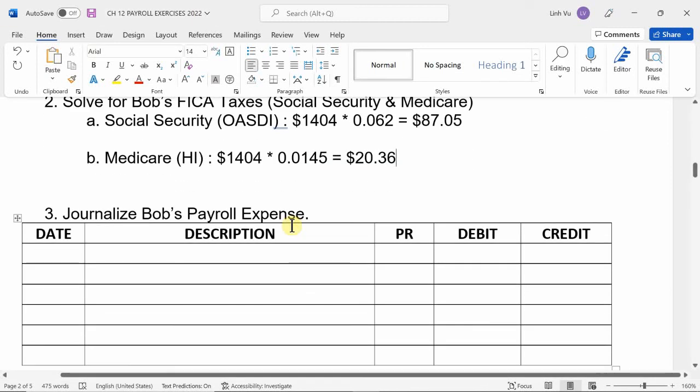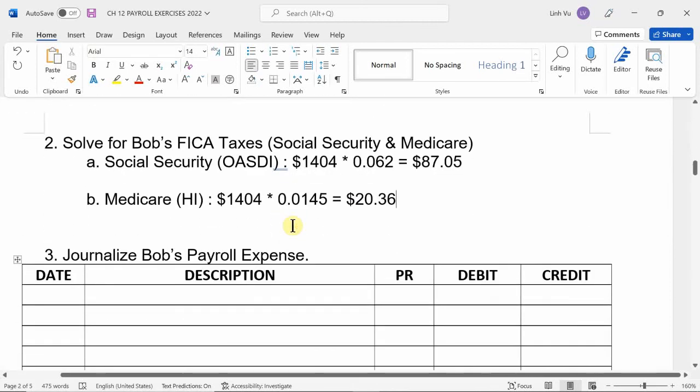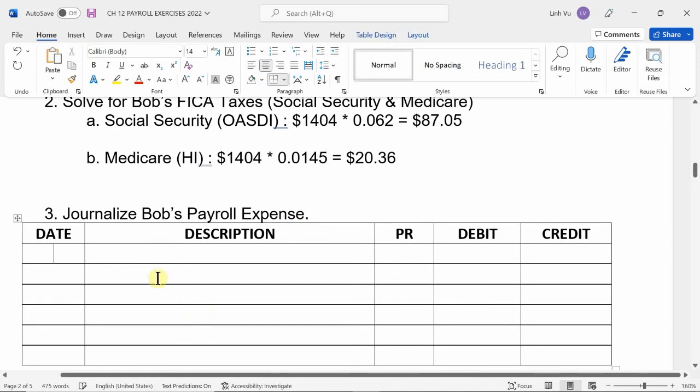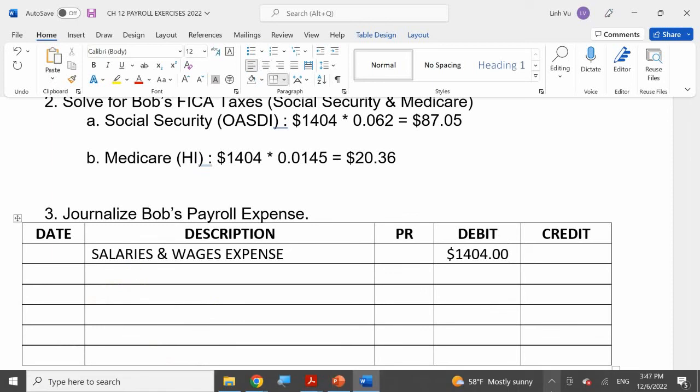So now that we figured out all of those federal calculations, we now need to know how much we need to cut a check for Bob. So in this case, we need to identify that he has some salaries and wages expense for the total of $1,404, right? That's how much he earned. His federal income tax withholding, right? We already calculated that to be $0.